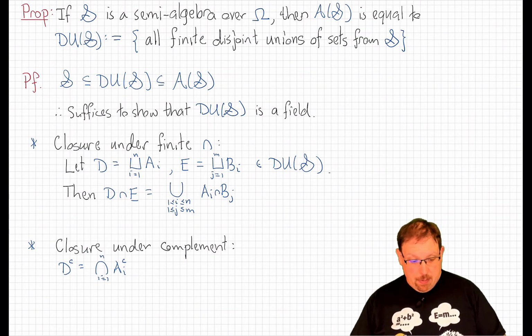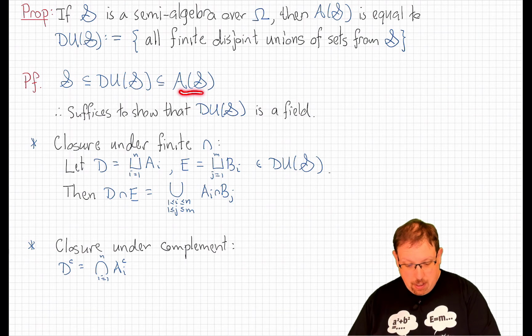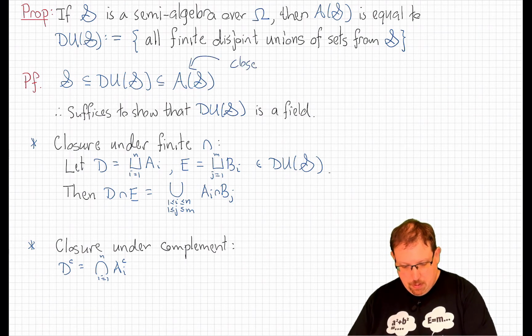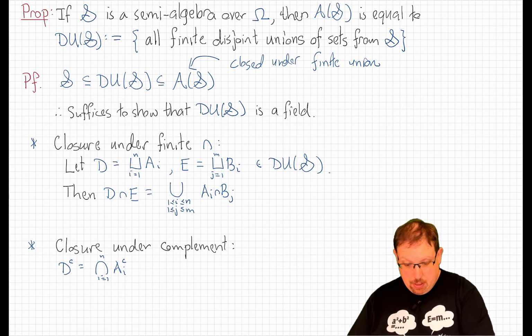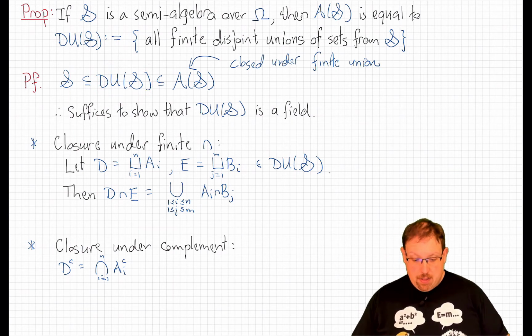And this is simply because the field is automatically closed under finite union. And this just consists of some finite unions of elements from S.